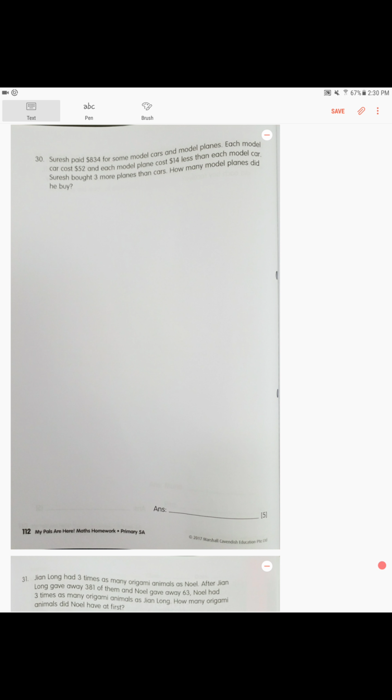Right, model drawing. Okay, our model drawing. We have our model planes, and we have our model cars.